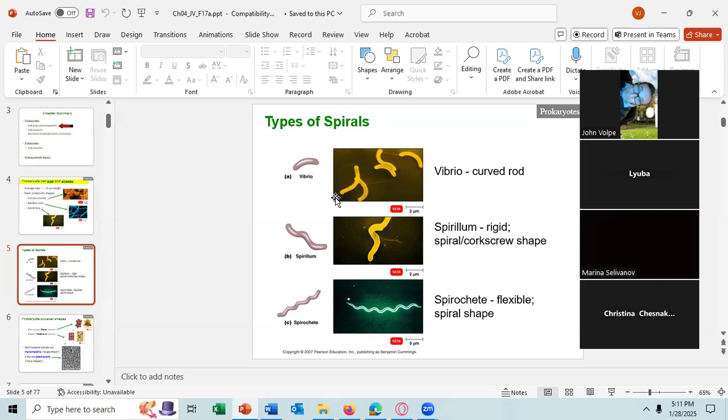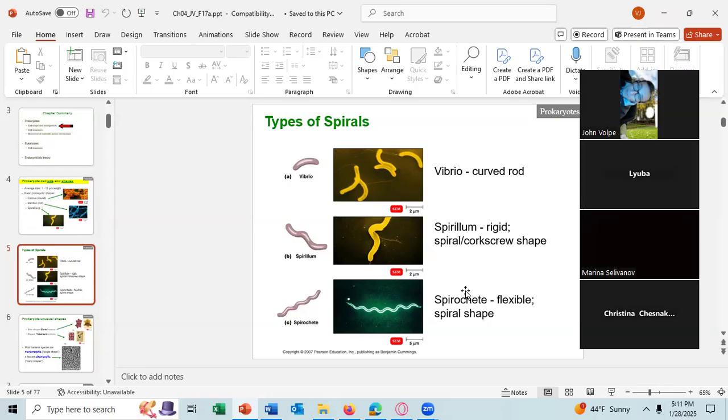Either way, for the spirals, there are basically three shapes: the vibrio, if you count that, the spirillum, also called the spirals, and then the spirochete. There's a few differences between the spirillum and the spirochete. Obviously, the spirillum is really only S shape. It's also a rigid structure, more rigid than the spirochete.